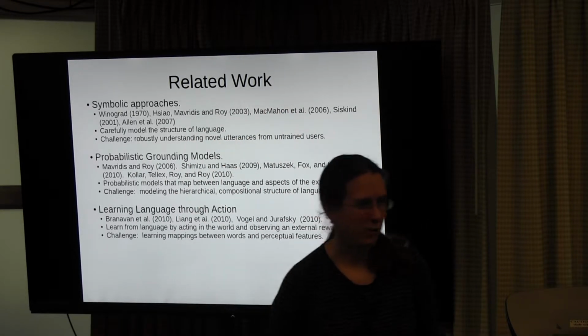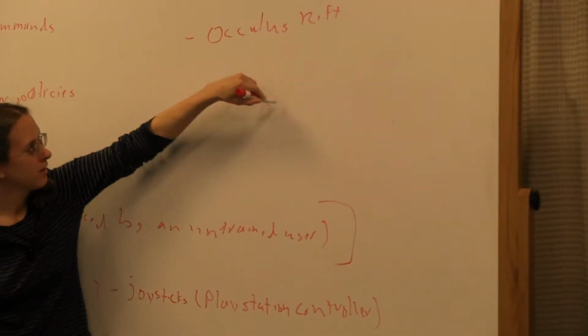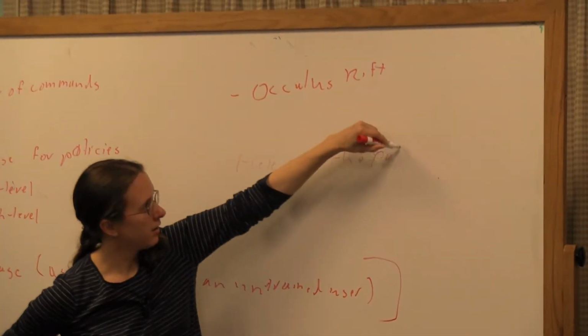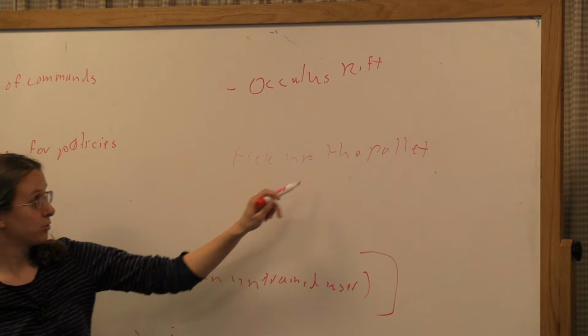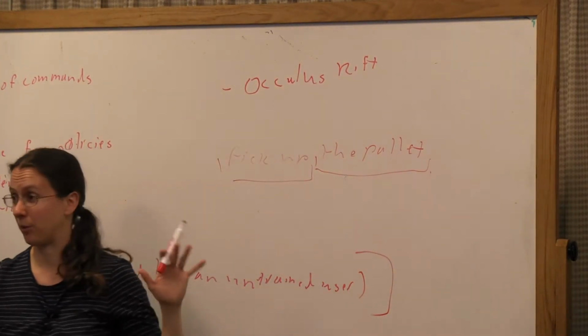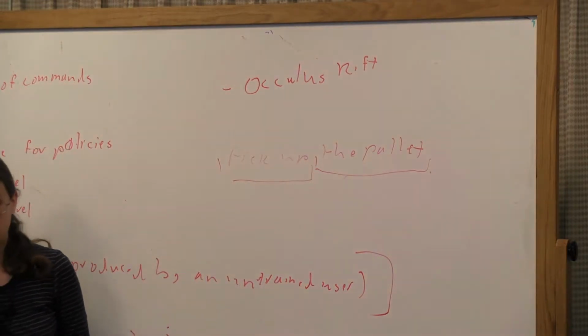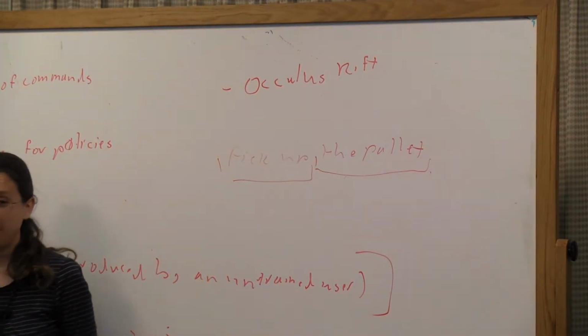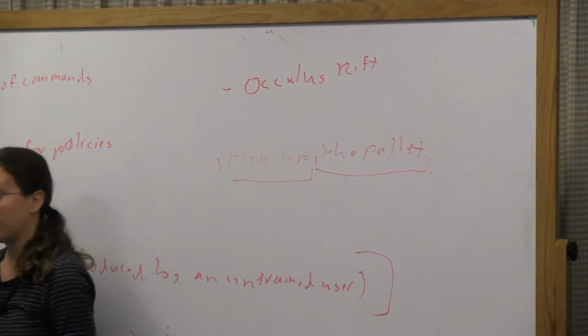Okay, so I'll do a quick tutorial on it. If you say "pick up the pallet," the sentence has a tree-like structure, right? So this chunk and this chunk are somehow separate. I could say pick up the pallet, I could say pick up the barrel, I could say pick up the chair, I could say pick up the marker, and you understand all of those things, and it's all picking something up.